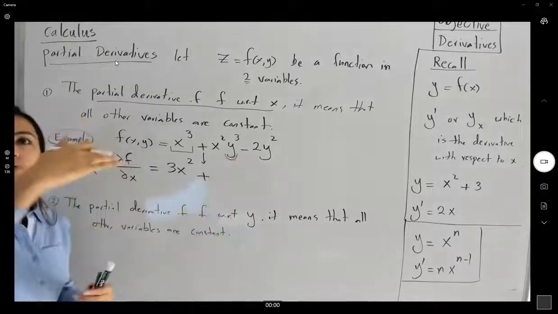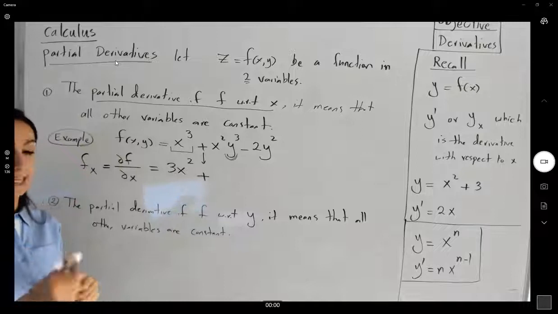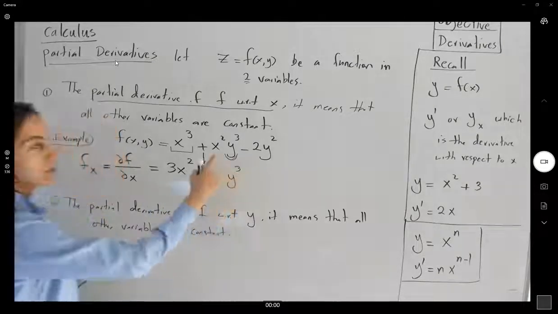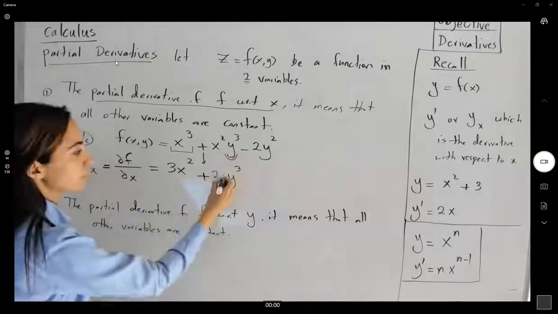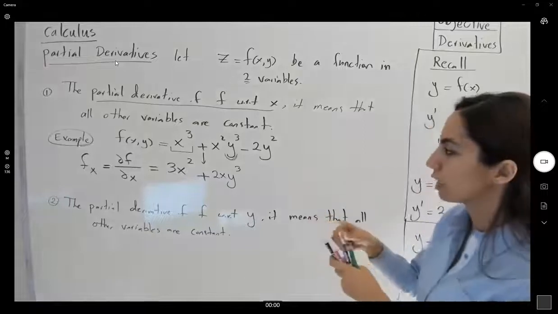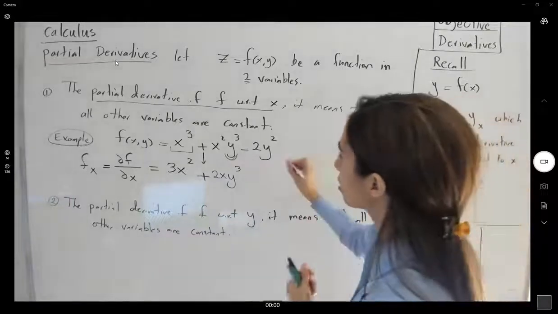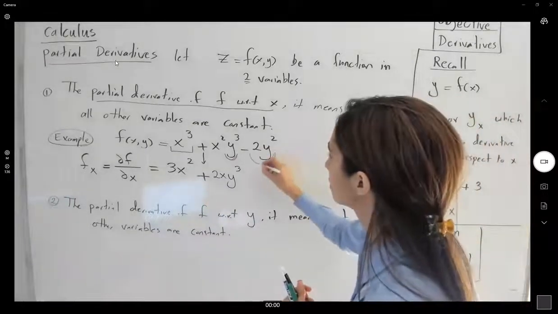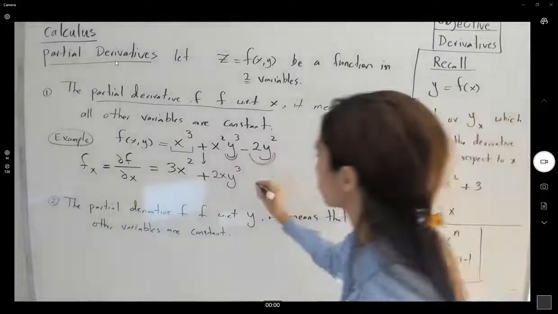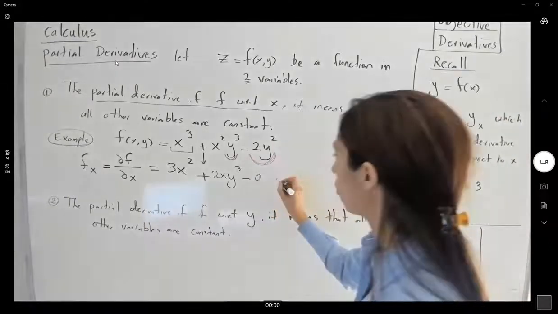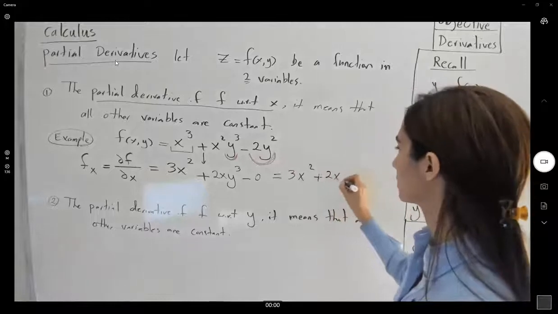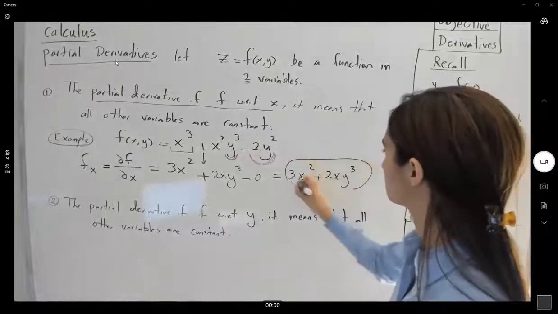It means that you just copy this down. It is y cubed. Well, what is the derivative with respect to x? 2x. Okay, now here you have a term which is completely constant. The derivative of a constant is 0. So minus 0, or simply you have 3x squared plus 2x y cubed.